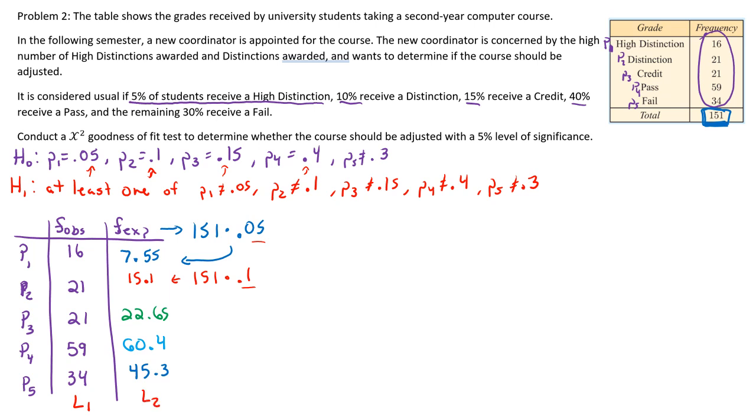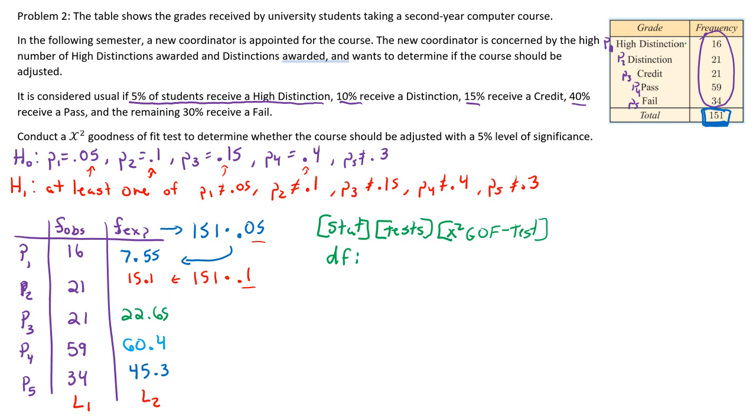Once those are entered in as my lists, I'm going to go ahead and do stat tests. And then I want to make sure I pick the chi-squared GOF test. I'm going to need to know my degrees of freedom.